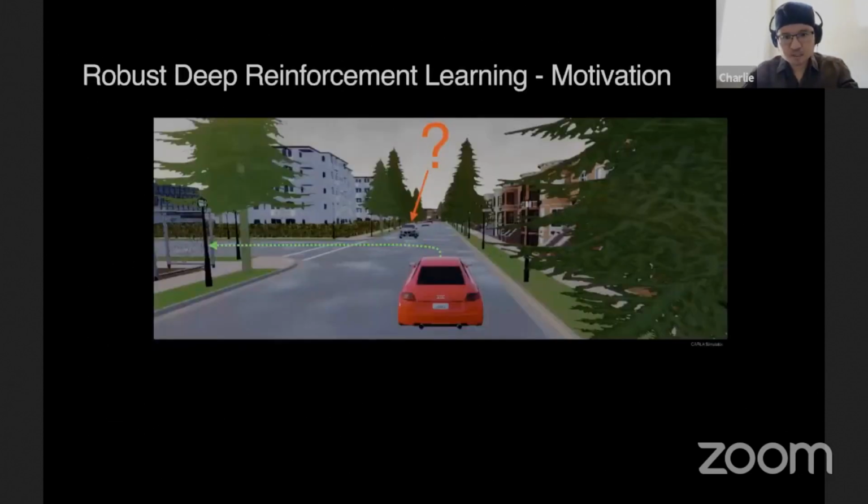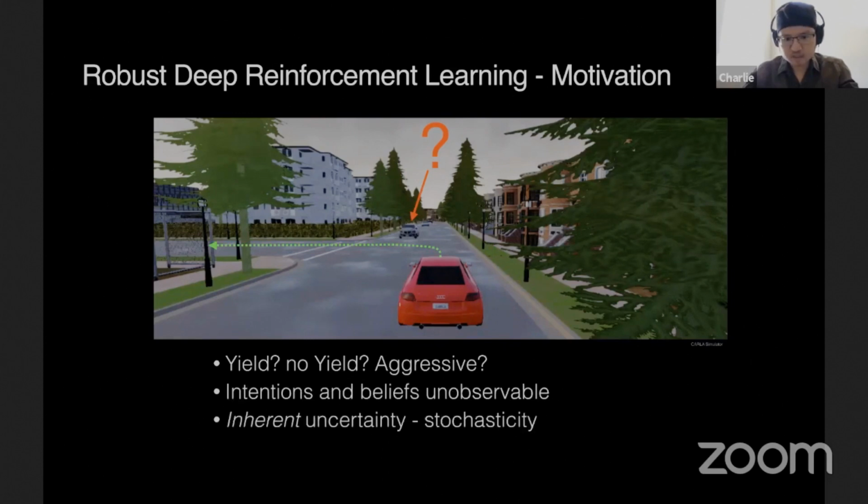Continuing on, I want to talk about a different work, but it's a continuation on how to make it robust. This example here really characterizes what we mean by robust. The fact that we don't really know what the other vehicle, in this case the gray vehicle in front of us, is thinking leads to inherent uncertainty or stochasticity in the future reward, the future value of the state.